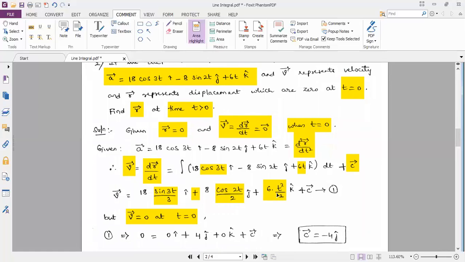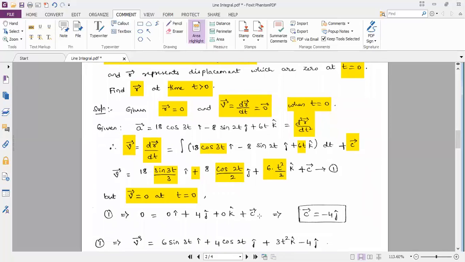Imposing this condition on equation 1, we obtain the constant c as −4j. Recalling the standard values, sin 0 is 0 when t is 0, cos 0 is 1, and t is 0, so 6 into 0 squared, the k component will also be 0.